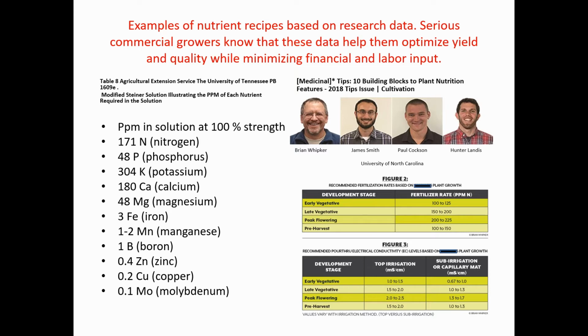This is one of their little charts that will give you an idea of how precise nitrogen application is to a successful medicinal crop. Early veg, the desired target is 100 to 125 parts per million. Peak flowering, 200 to 225 parts per million. Back down to 100 and 150 parts per million in pre-harvest. It's that precise.